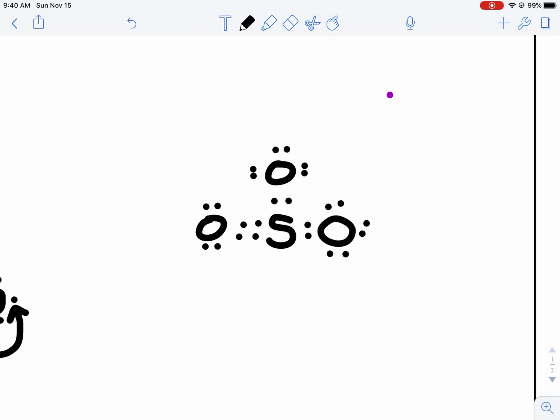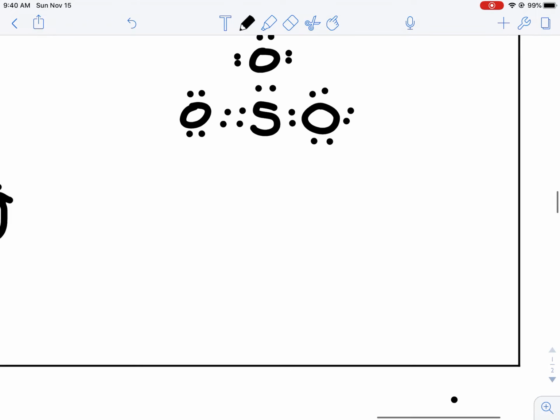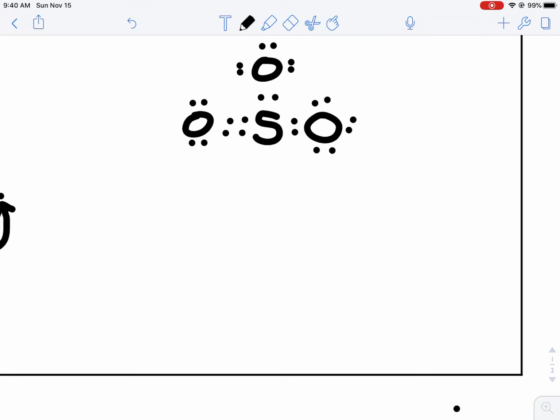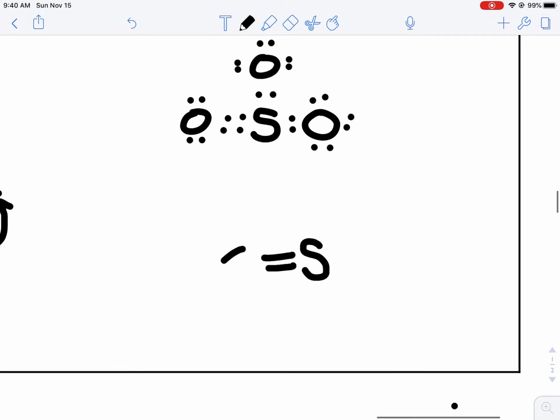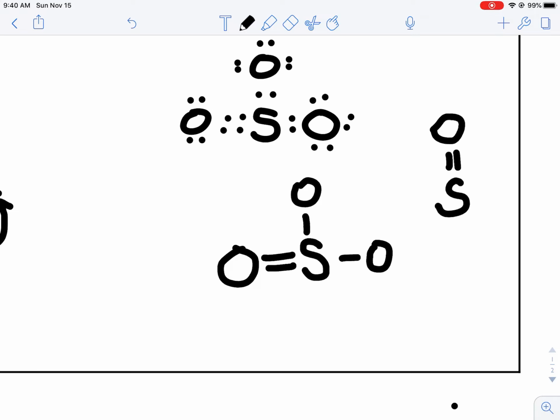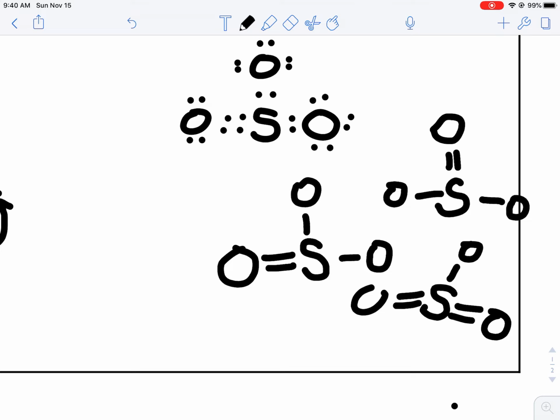Now, because sulfur is surrounded by 3 identical oxygen atoms, there's no way to know that that double bond exists between sulfur and the oxygen on the right, whereas it could exist between the oxygen that we put at the top, or maybe it exists between the oxygen on the left.